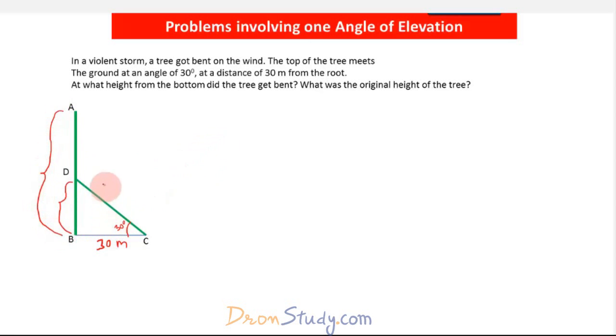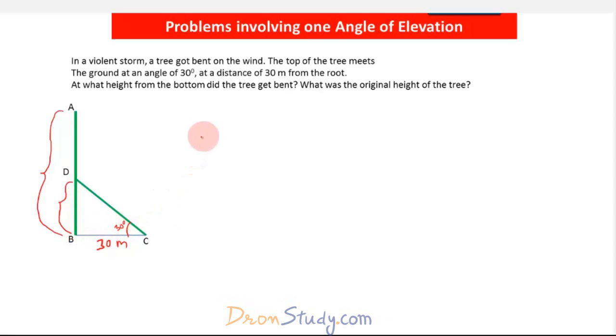So here first we will take the triangle DBC. We have to find BD, which is the opposite side, and the adjacent side is given, that is 30 meters, and the relation between opposite and adjacent is given by tan.